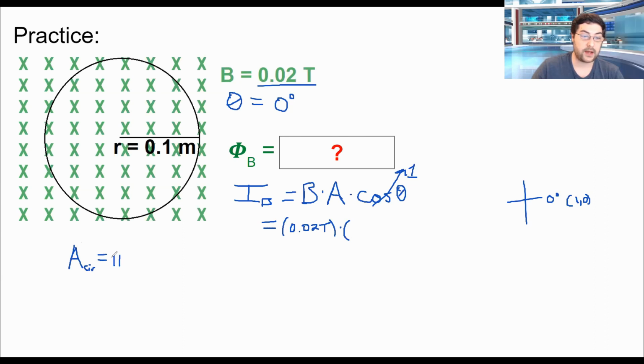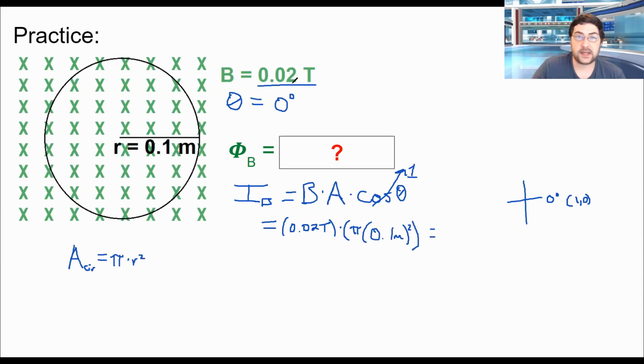So we've got pi times the radius, which was 0.1 meters, and then we need to square that quantity. Then we can plug that into our calculator.